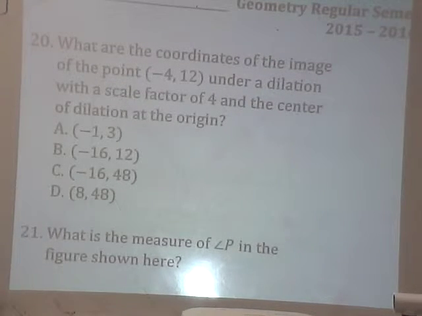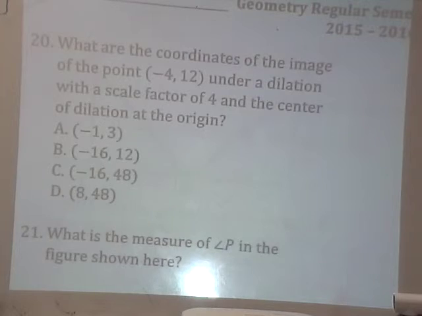Okay, number 20. What are the coordinates of the image of a point, negative 4, 12, under dilation with a scale factor of 4, and the center of dilation at the origin? It's got a scale factor of 4. What do we do? This is easier than you'll think. Multiply both x and y by 4.